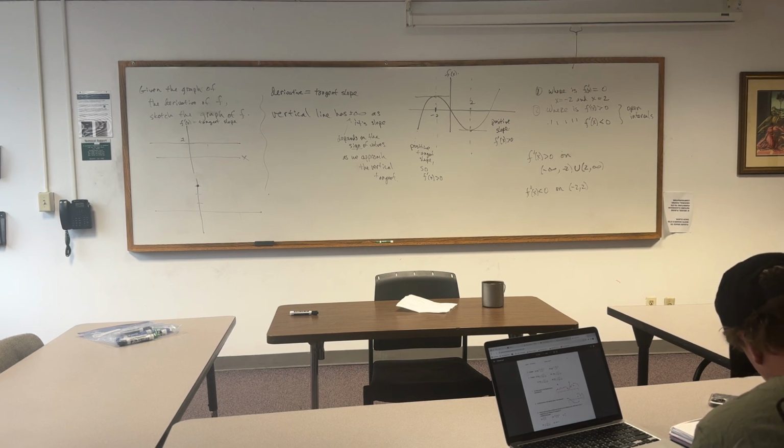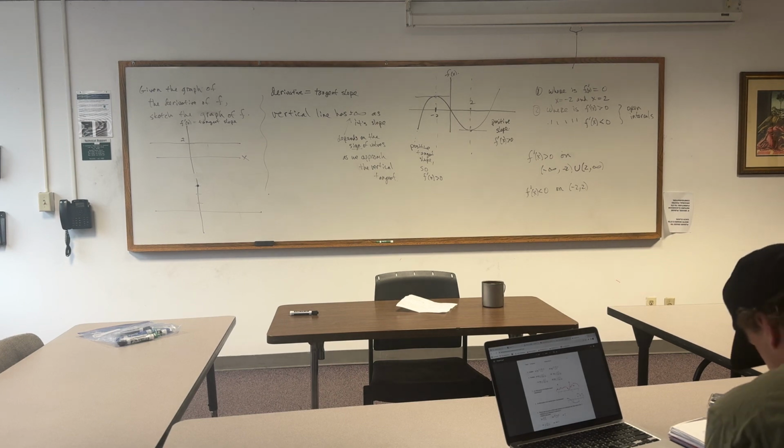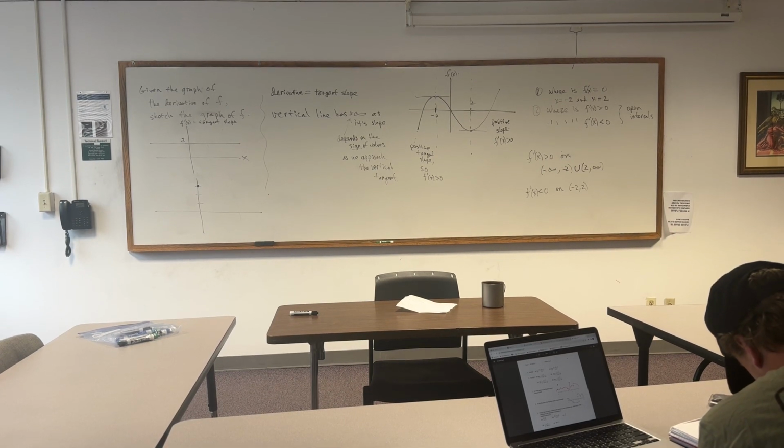What is the tangent slope everywhere on that graph? It's 2, that's right. What does it look like if your slope is always 2? So it would be consistently like that. Yeah, it passes right through there. Does that make sense? Cool, good work.